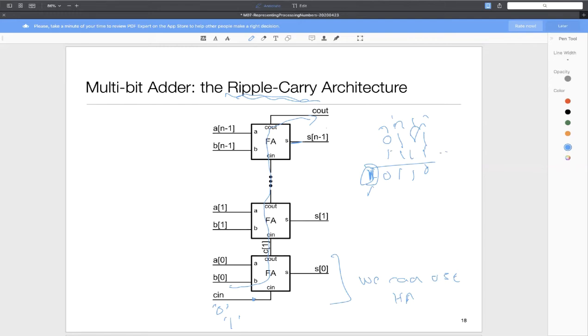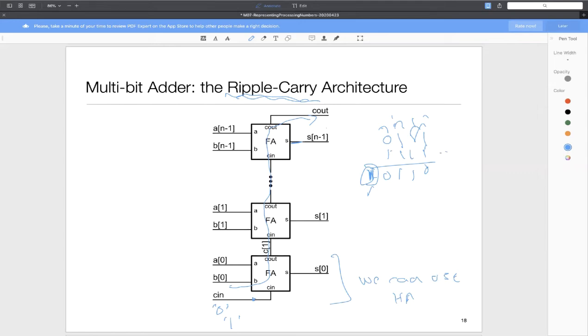So do you see a problem with this architecture? It does the math for sure, but do you see an issue based on what I just discussed? For large numbers, it would be very slow. Yeah, for large numbers, it will be really, really slow.